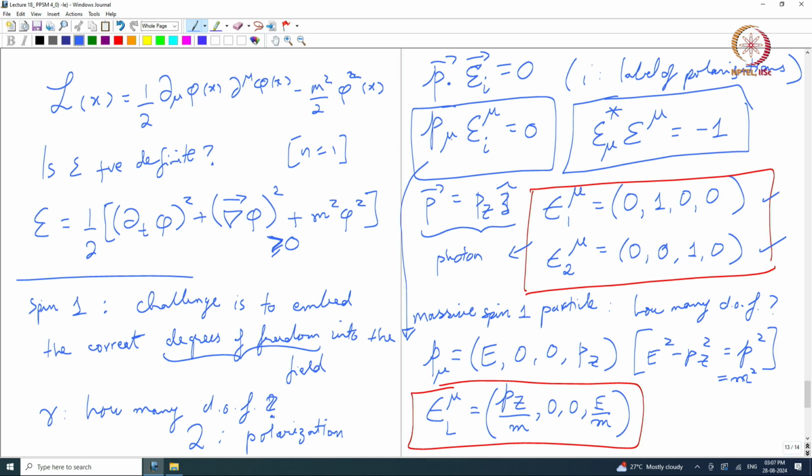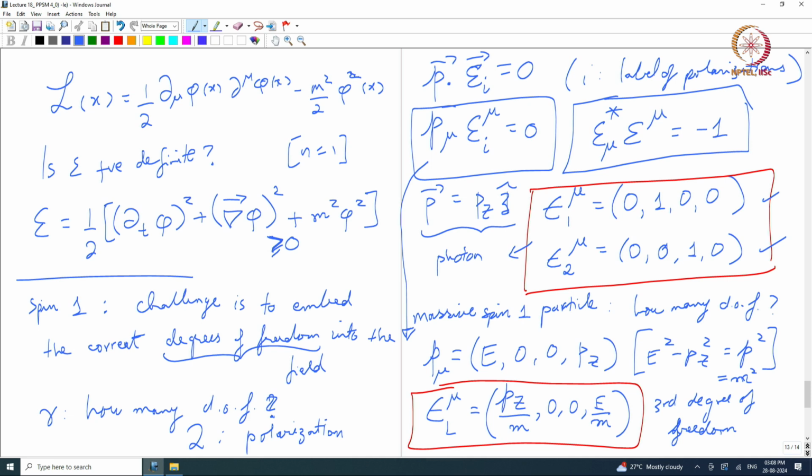Notice that if I hit this with a p mu, I do get 0, and also notice that the normalization condition also works out because I have divided this by m, right? So the m square in the numerator and the denominator cancel out. Agreed? So this is literally the third degree of freedom of a spin-1 particle.